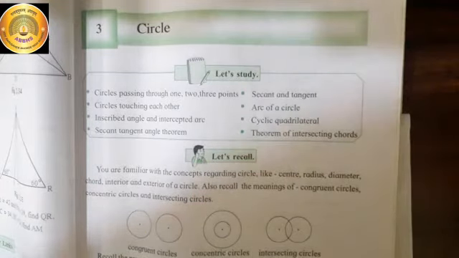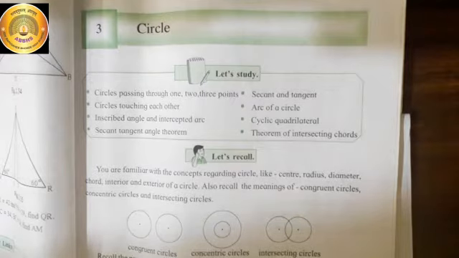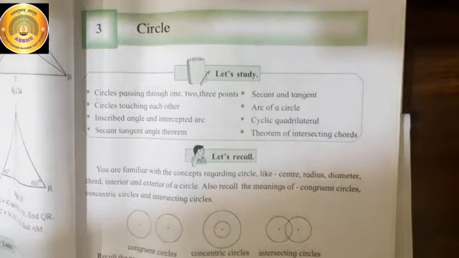In this, we are going to study circles passing through 1, 2, 3 points, circles touching each other, inscribed angle and intercepted arc, tangent secant angle theorem, secant and tangent, arc of a circle, cyclic quadrilateral, theorem of intersecting chords. So these are the important points from this lesson. Let's see one by one.